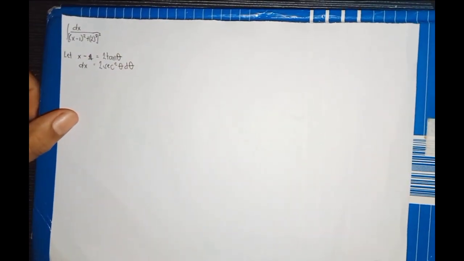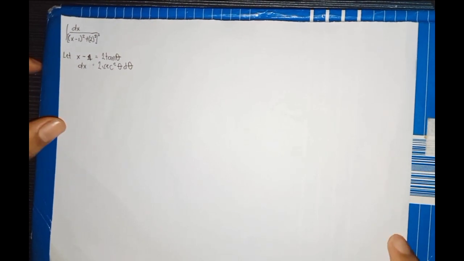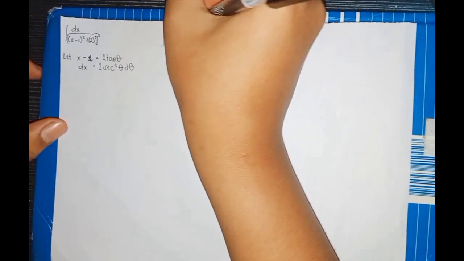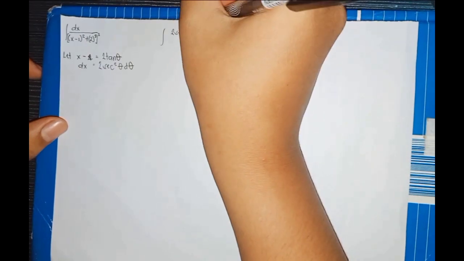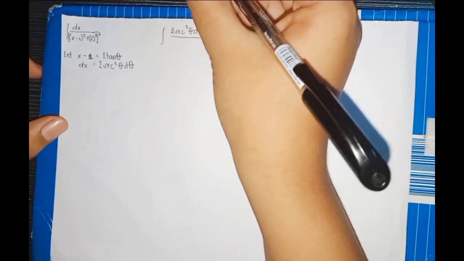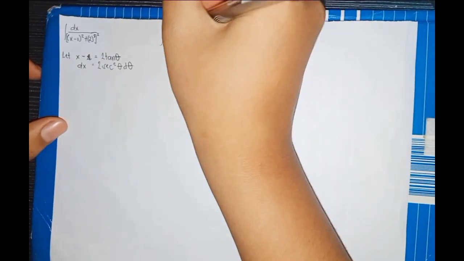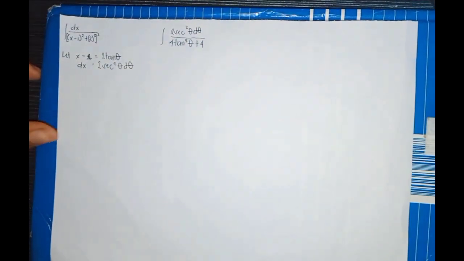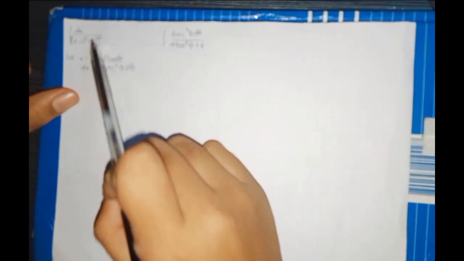Okay, so the next thing that will happen is this will be the integration of 2 sec squared theta d theta all over 4 tan squared theta plus 4. We have here 2 times 2, that's why we have the 4.